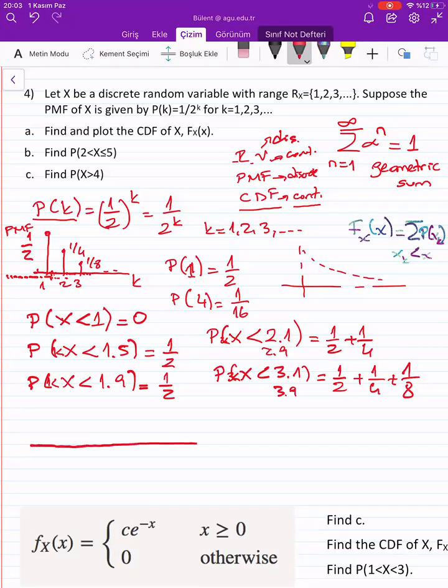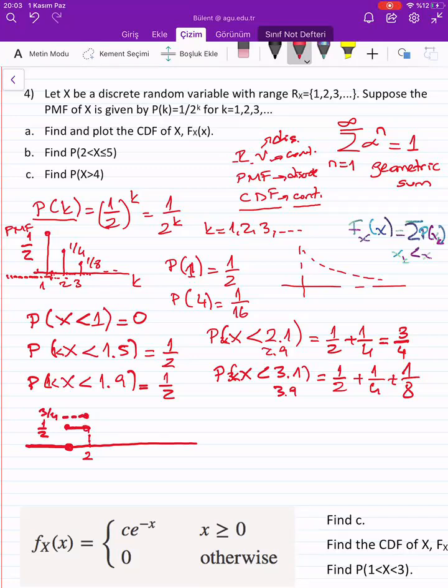If you plot it like that, before 1, everything is 0. At 1, it jumps to 1/2. Okay, 1/2. And it stays 1/2 until 2. And after 2, it becomes 1/2 plus 1/4, which means 3/4. It comes here, it is like 3/4.